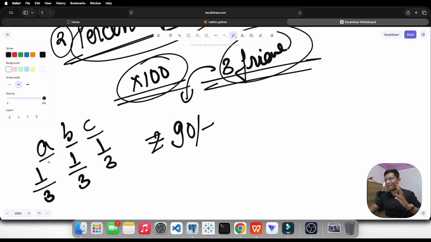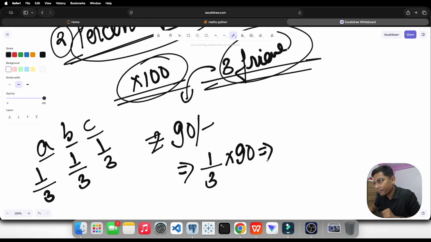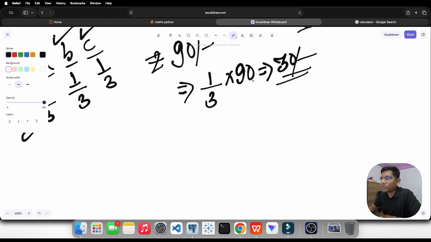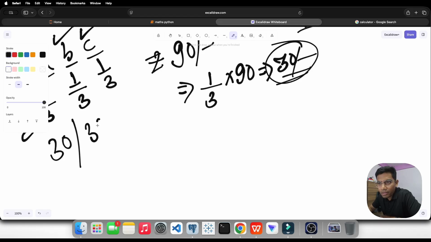So in actual terms how many rupees are you paying? 1 by 3 into 90. You are paying what? 30 rupees. Okay, so 30 is what each and everybody has paid. 30, 30, and 30, right?